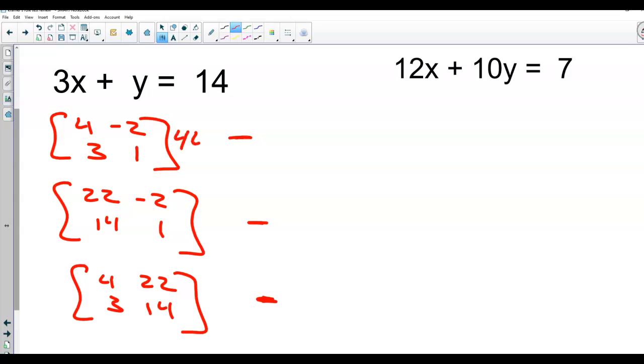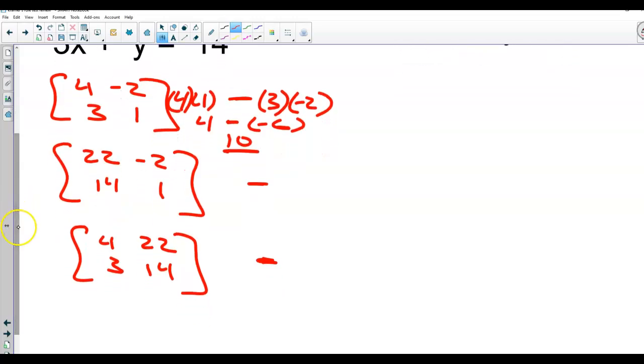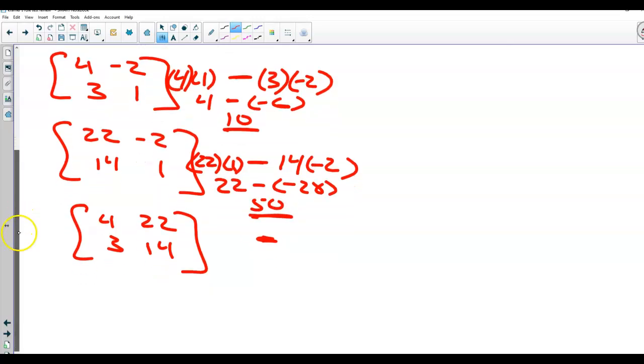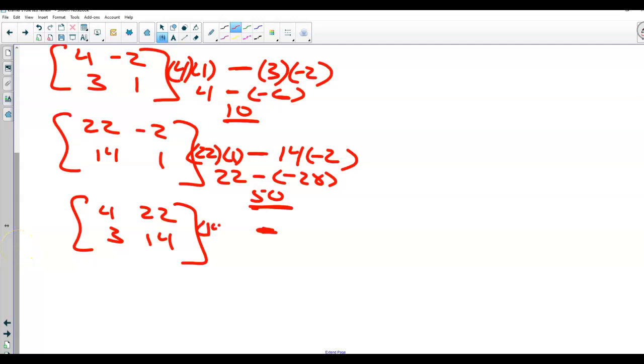4 times 1. 3 times negative 2. That's 4 minus a negative 6. We're going to get 10 as our denominator. 22 times 1. 14 times a negative 2. 22 minus a negative 28, we're going to get 50. 14 times 4. 22 times 3.